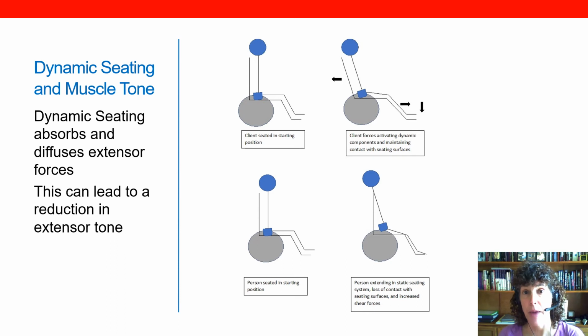So instead of the back moving with the client, the client is moving up and against the back, again creating these shear forces. So we have an increase in tone, a loss of position, and increased shear, as opposed to using dynamic seating where we have reduced extension, reduced shear, and maintain better contact with the seated surfaces.